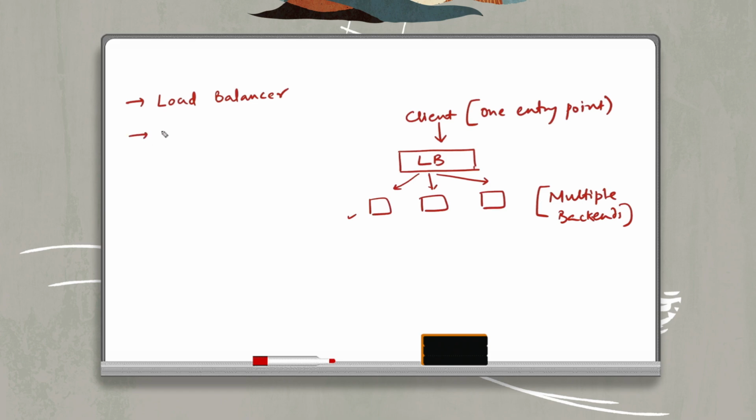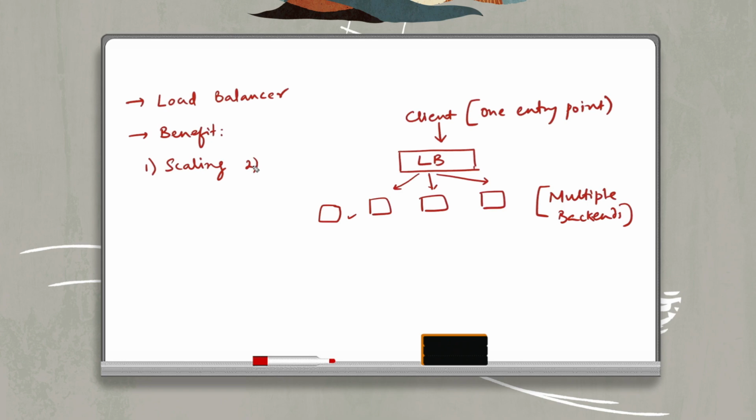Now, what is the benefit associated with the load balancer? The first benefit is scaling. At any point of time, you can increase the number of servers. Let's say there were 3 servers, I made it 4. So you can increase the number of backend servers. So that flexibility is there in case of load balancing.